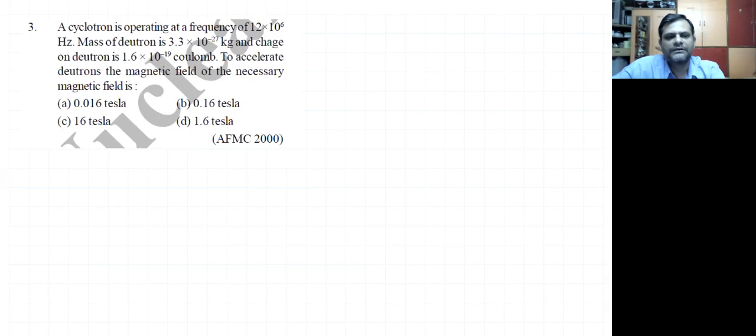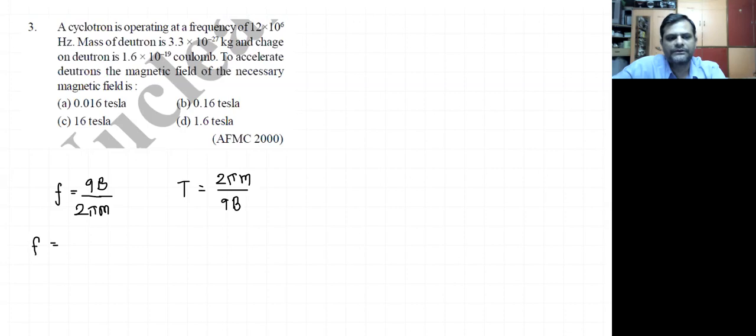You know what is the formula for frequency of charged particle in the cyclotron? It is simply QB upon 2 pi m. If you just remember, this is the formula for frequency, because the period is given by the formula 2 pi m upon QB. याद है सभी को? तो इसके वजह से यहाँ पे फ्रीक्वेंसी का ये फॉर्मूला हमको मिल जाएगा.